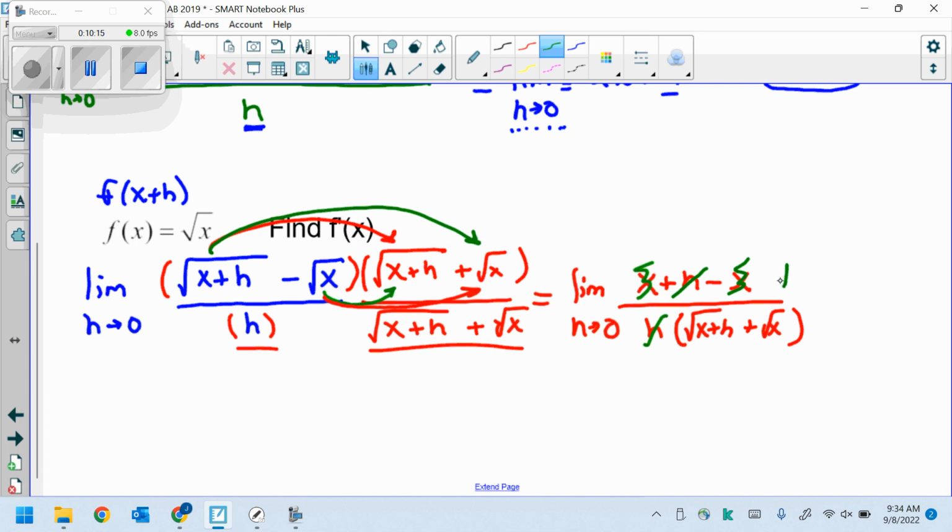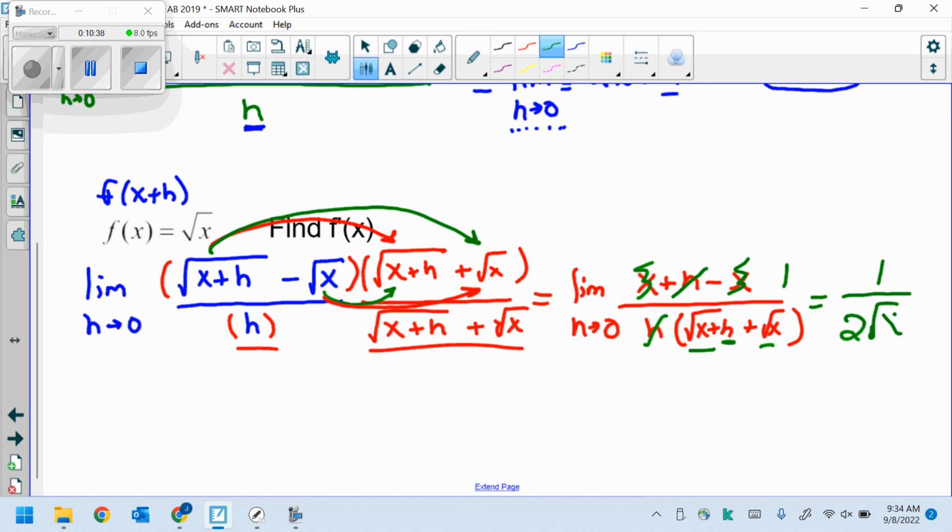You've got a 1 on top. So if h is approaching 0, if this h, the only remaining h, approaches 0, you're left with a 1 on the top. And then on the bottom, you've got a square root of x plus another square root of x. You've got 2 square roots of x.